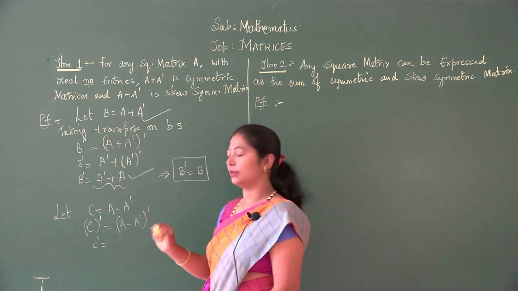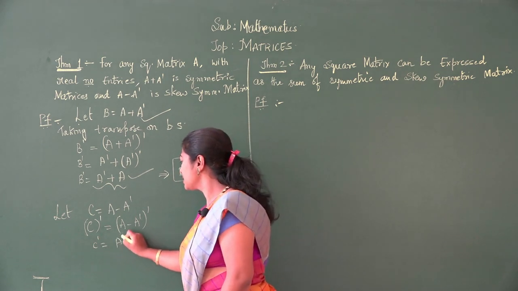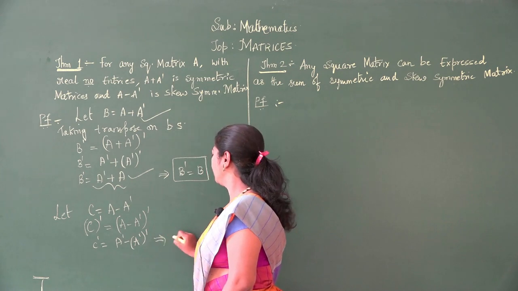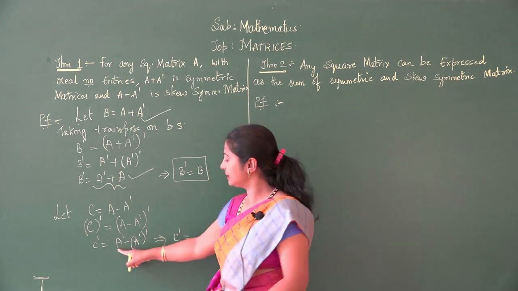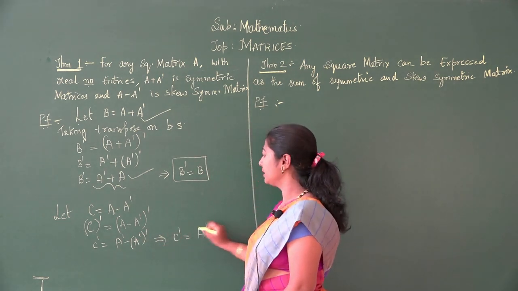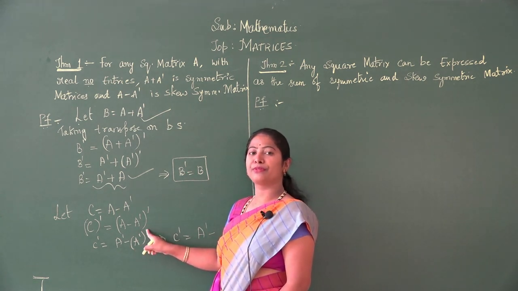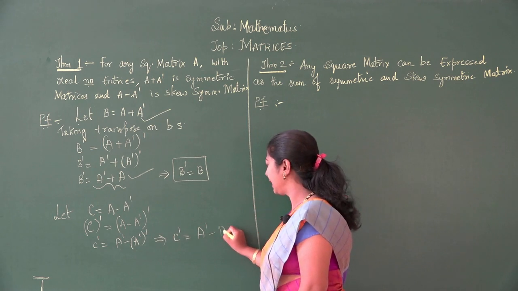Transposing each term, we get A dash minus A dash the whole dash. A dash remains as it is, minus, what is A dash the whole dash? By the properties of transpose of a matrix, it is nothing but A.